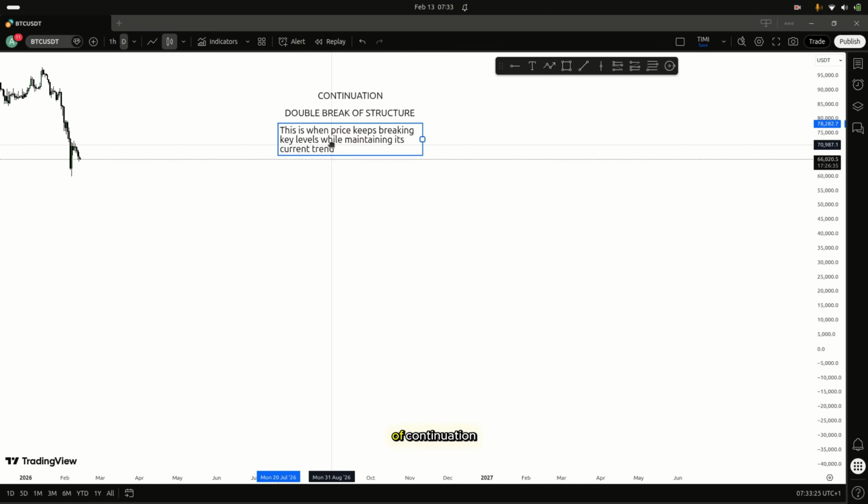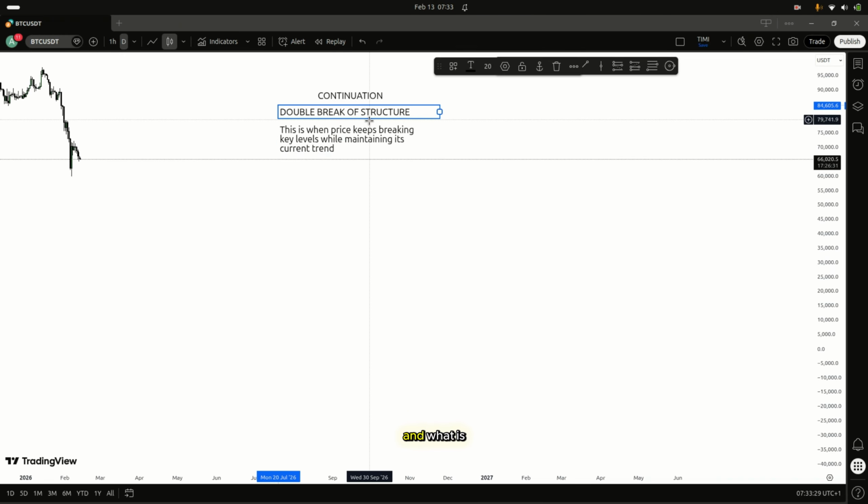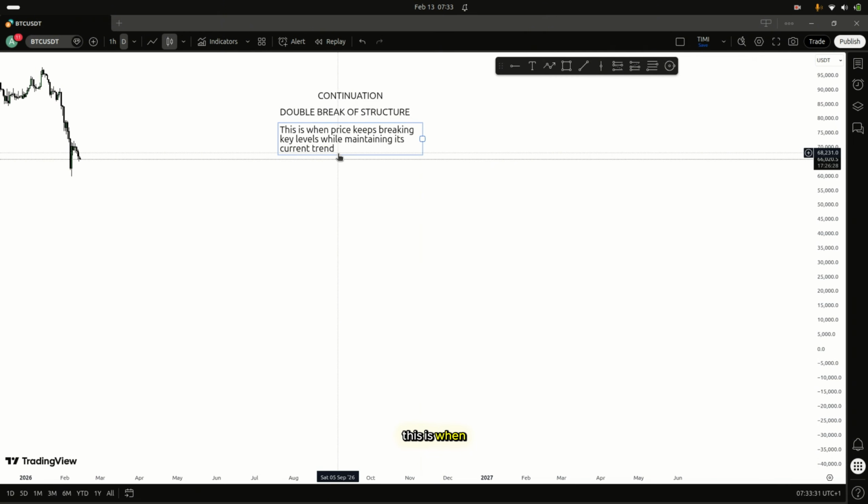So for the concept of continuation, what we use is called the double breakout structure. And what is double breakout structure? This is when price just keeps breaking key levels while maintaining its current trend. What do I mean by key levels? So let's say price was previously in an uptrend. Price was giving a series of higher highs and higher lows.